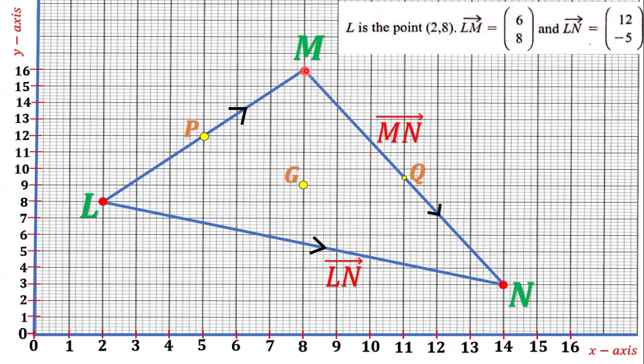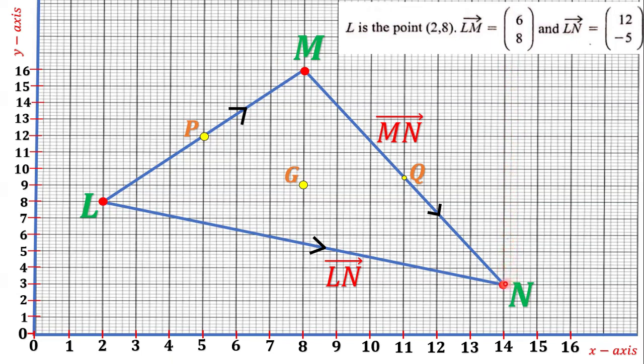So let's go across. It's going to be 1, 2, 3, 4, 5, 6. So positive 6 for the X component. And then we move 1, 2, 3, 4, 5, 6, 7, 8, 9, 10, 11, 12, 13.